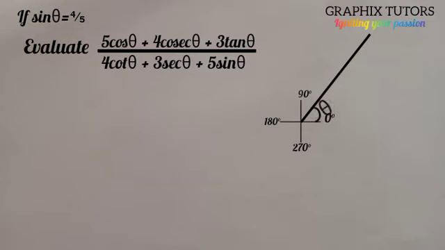Now I'm going to complete it to form my right angle triangle. So this is what we have here. Everything there is positive. If one of them were negative, probably two of them, like cos and tan, it would fall in the second quadrant. As we proceed in our videos, we're going to get more understanding about how we do that. So for this, it falls in the first quadrant.